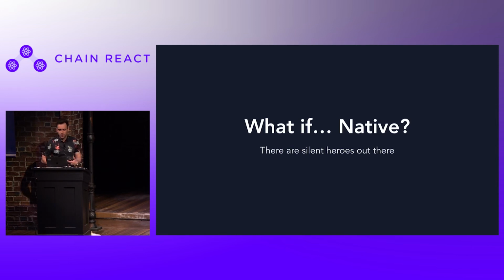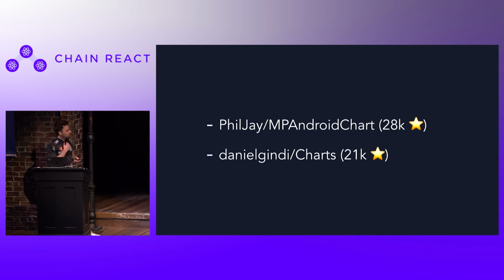Because my phone's native apps have beautiful charts. Can I use them? I think yes, because it's still a native app, right? I wrote here that there are silent heroes out there. I was looking for the most popular native libraries, and I found those two.